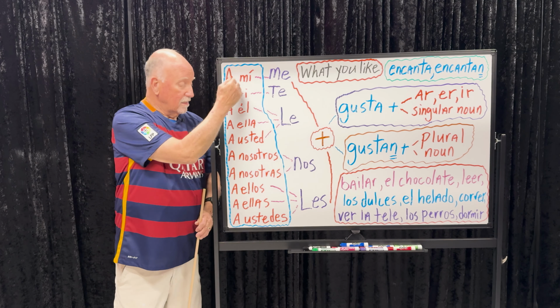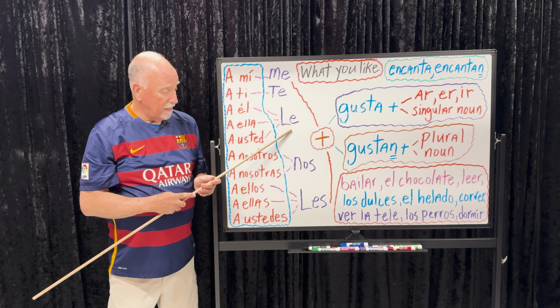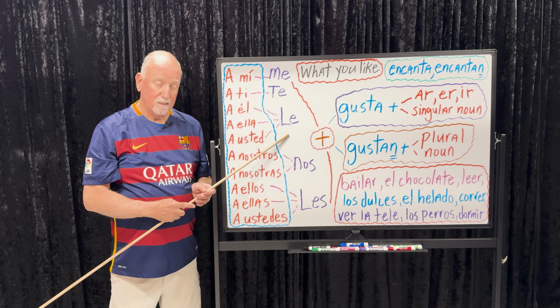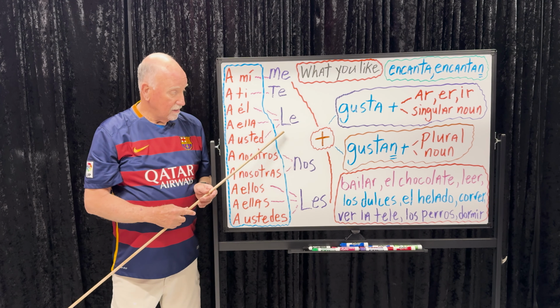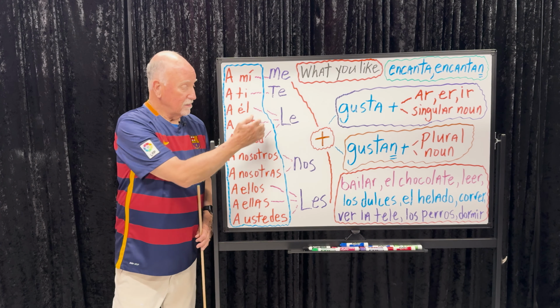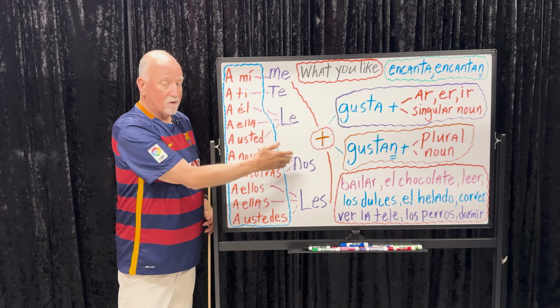Again, step 1, optional. If your pronoun is le or les, referring to him or her, or usted liking something, or they like something, or you plural like something, it's a good idea to clarify. But if you don't need to clarify, just start with the le and go. Start with the les and go, just like you do with me, te, and nos.